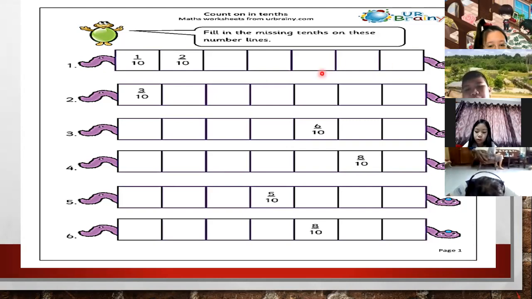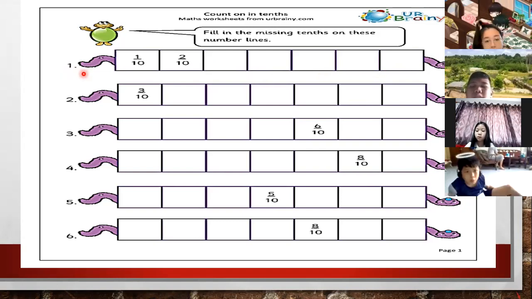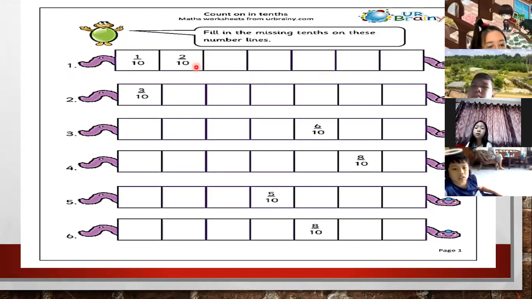Okay, are you ready to answer? Yes. Okay, let's do number 1. So what is next in this number line? The missing number.